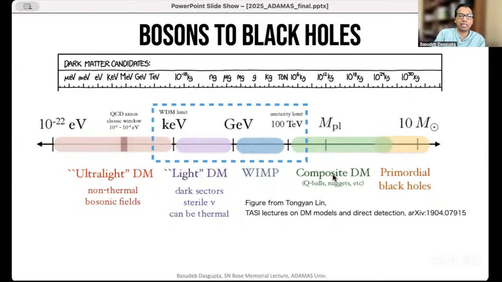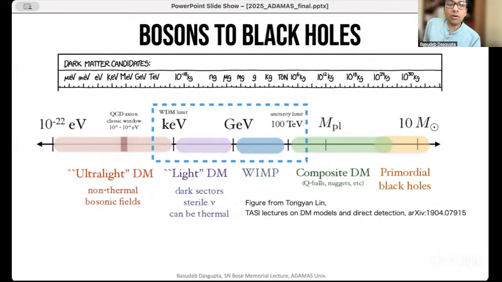These masses stretch, and in this very large range of masses, there are plausible, reasonable candidates for what could make up dark matter. So at the lowest range, these masses are so small that, given the total amount of dark matter, you would need many particles to make up the amount of dark matter, let's say in a galaxy.